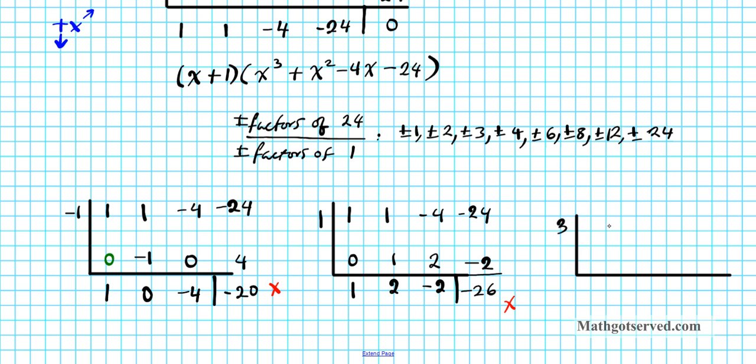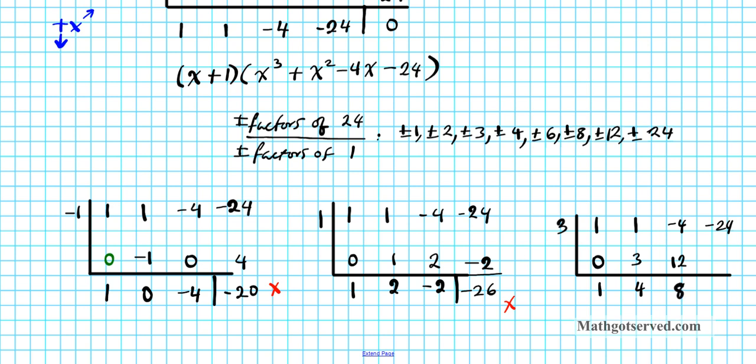So I know positive 3 should work, so we're going to rewrite the depressed polynomial: 1, 1, negative 4, and negative 24. Alright, to the 0, add down, multiply across. Add down, multiply across. Add down.